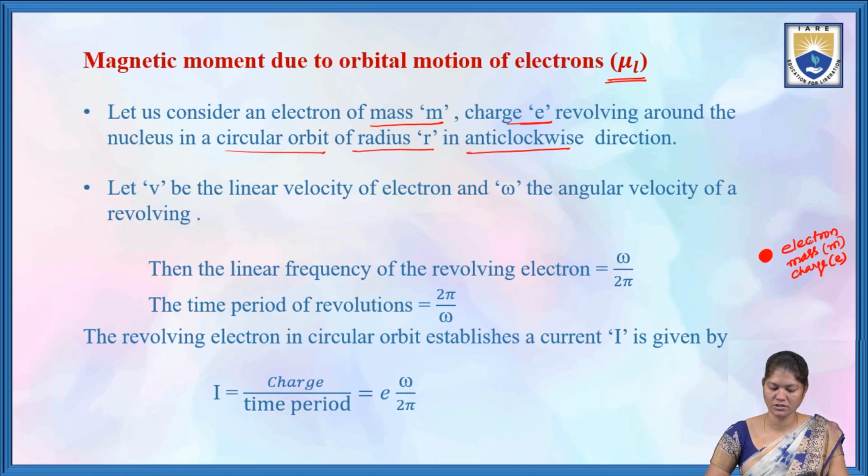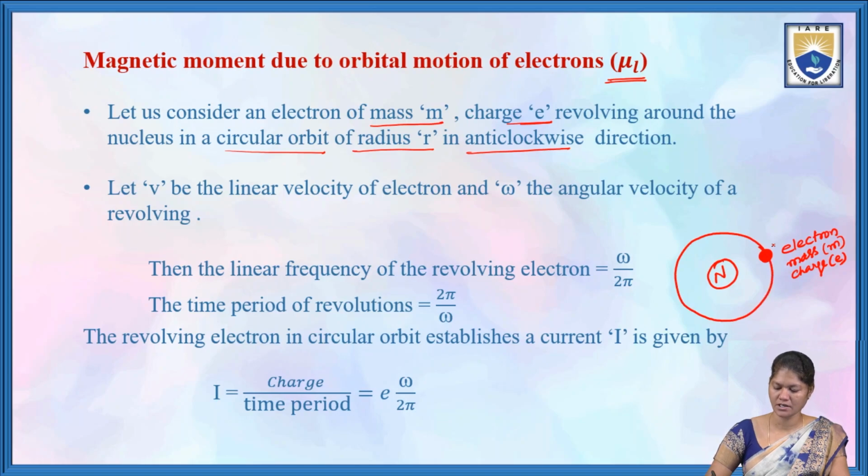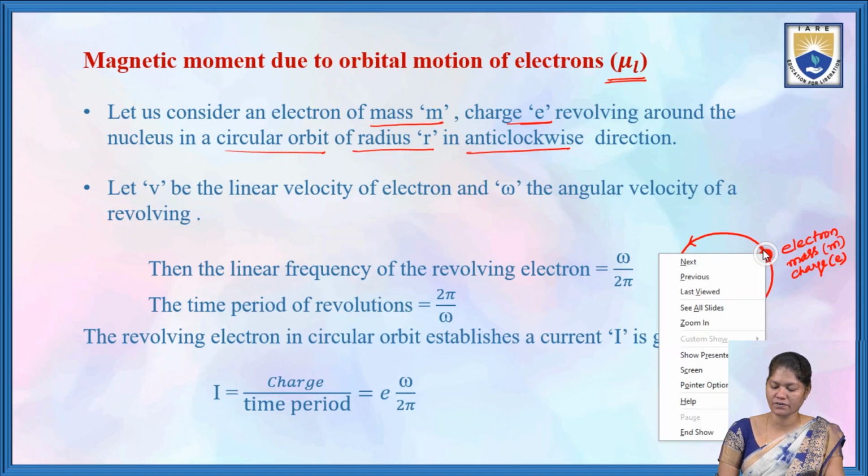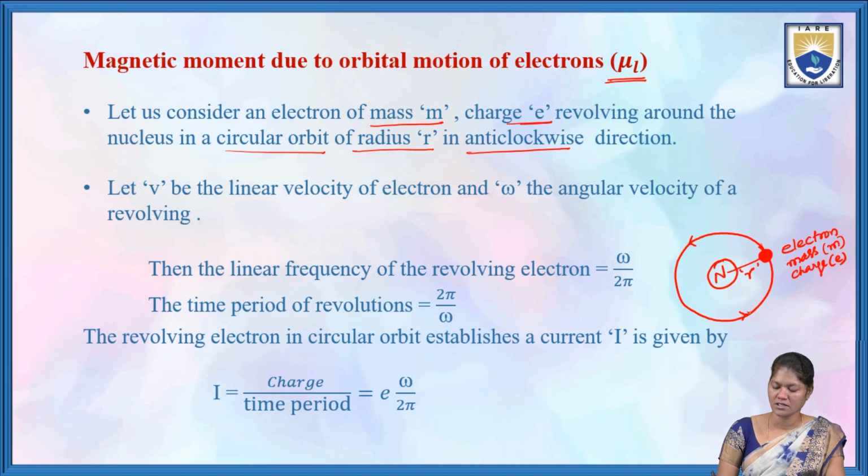This electron is revolving around the nucleus, which is here, in a circular orbit of radius r, and the direction of motion is anti-clockwise.